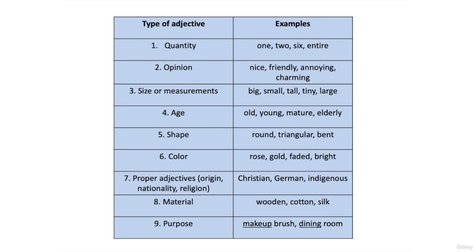First, quantity. For example, 1, 2, 6, entire. Next, opinion. Nice, friendly, annoying, charming. These adjectives indicate how we feel about something or someone.